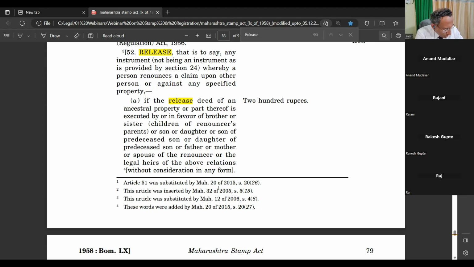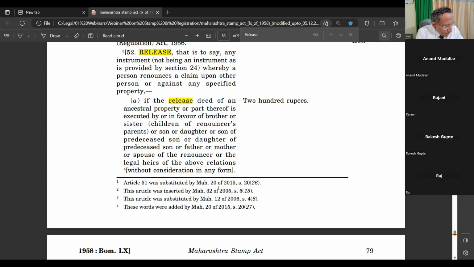Yeah, I got your point. You are saying there is a property in respect of which A and B had some transaction, which was not completed. B, for our discussion, is the confirming party.